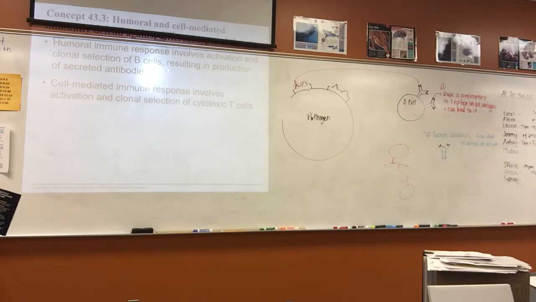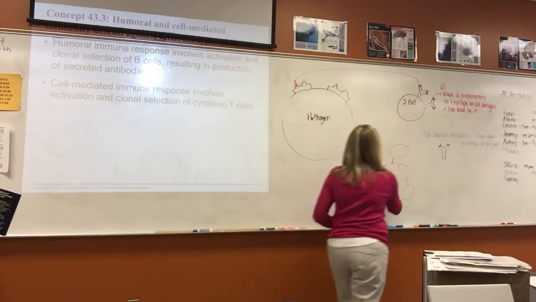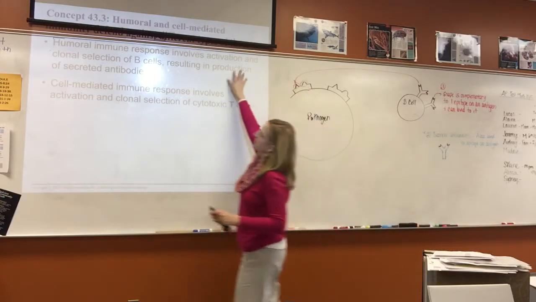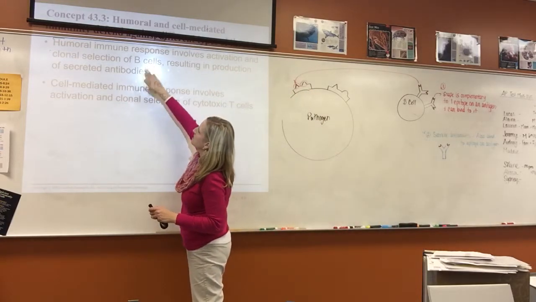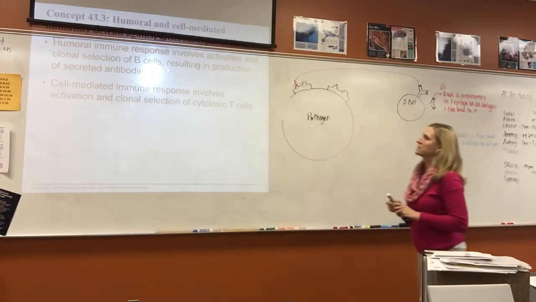And the cell-mediated immune response involves activation and selection of cytotoxic T cells. What we've already talked about is the clonal selection of B cells and secretion of antibodies. We just didn't put this name, humoral immune response, on it.